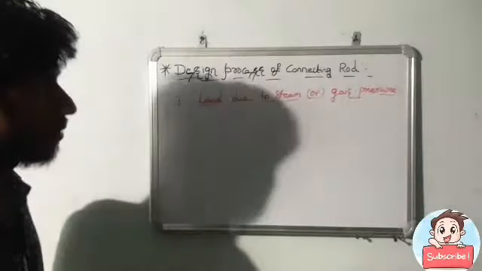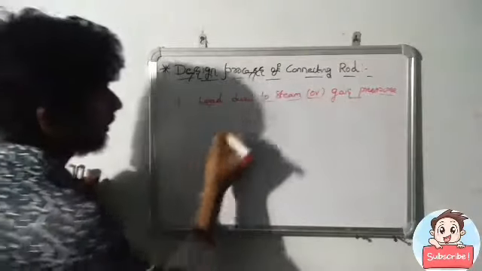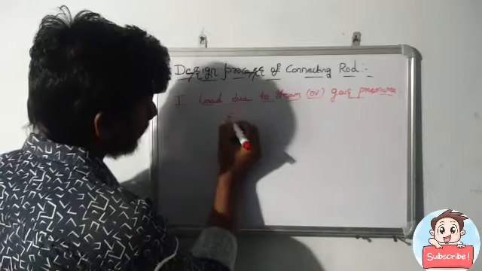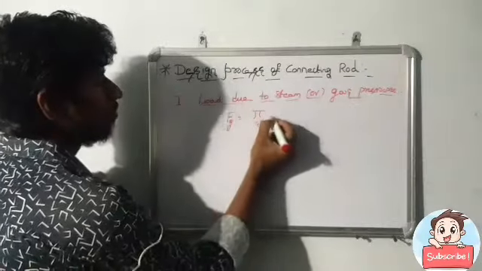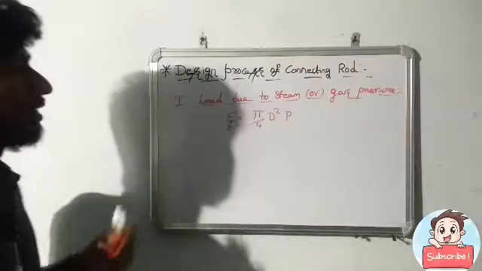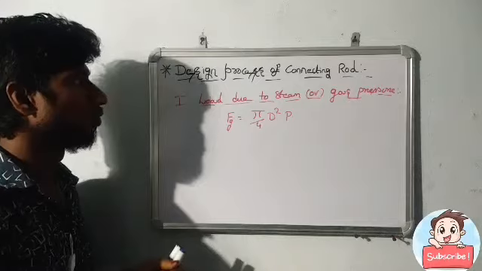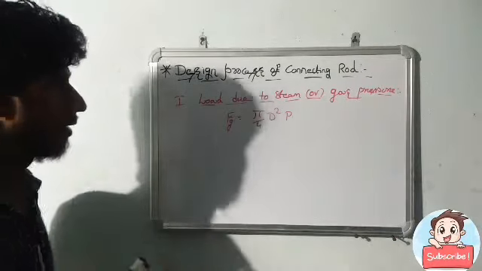So here is the first step, load due to steam or gas pressure. It is denoted by F suffix E, that is equal to pi by 4 D square into P. It is the formula to find out the load due to steam or gas pressure acting on the connecting rod.